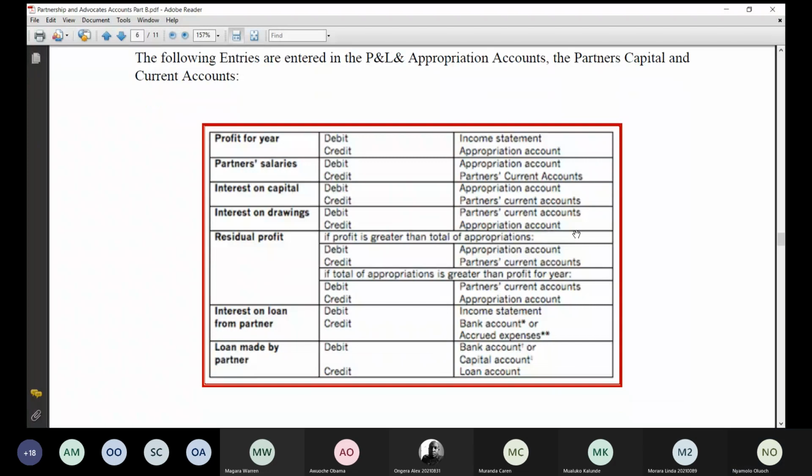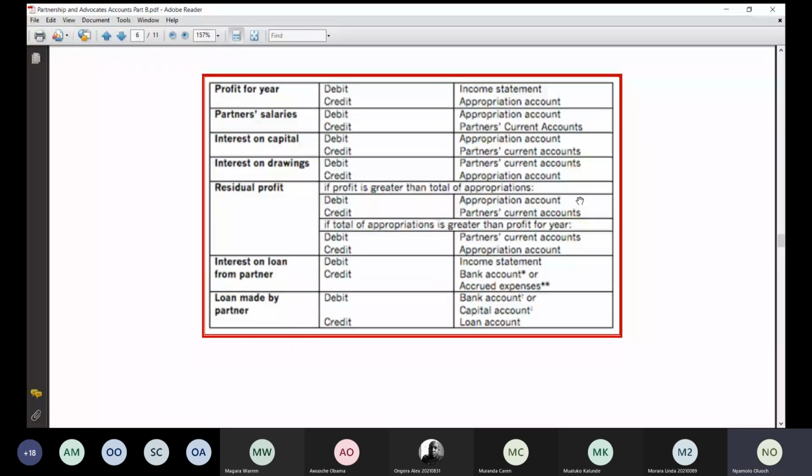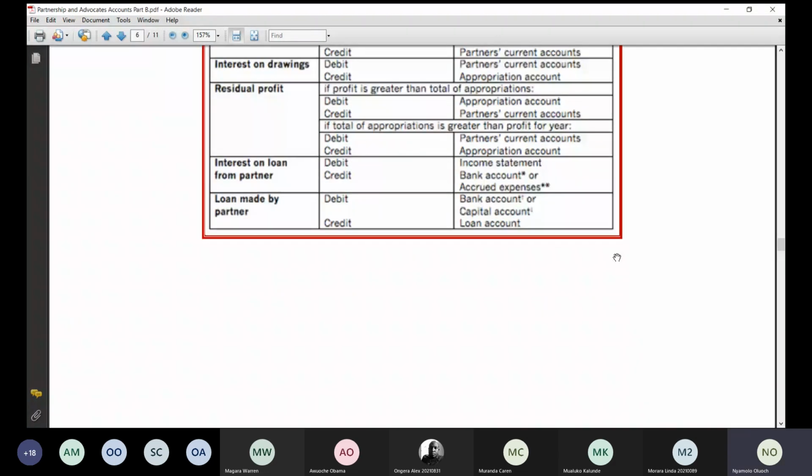So then the next thing is that for you to be able to do your balance sheet, the balances in the capital and the current account must be worked out. Quite a mouthful. But once you've done all that donkey work, then that is what you take on the capital side of that balance sheet.